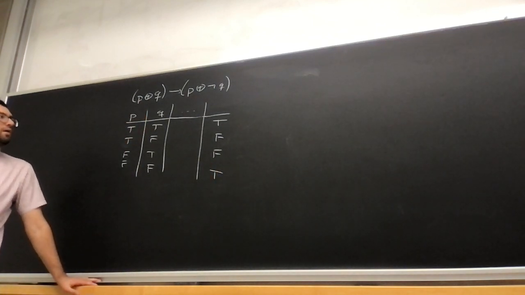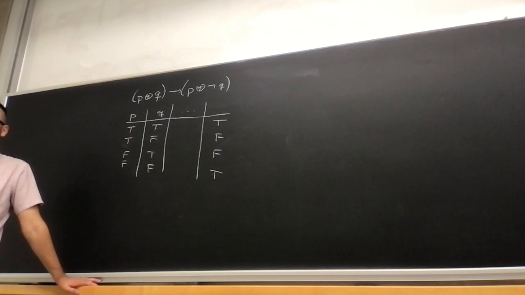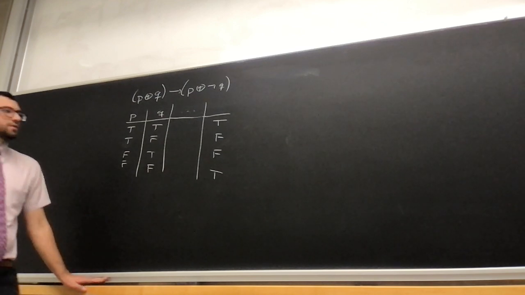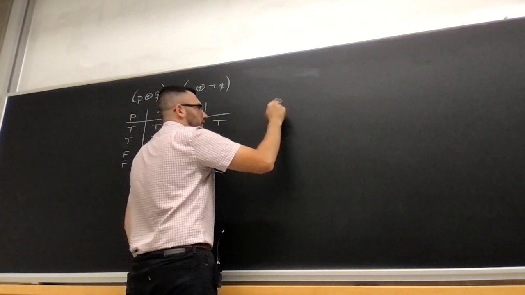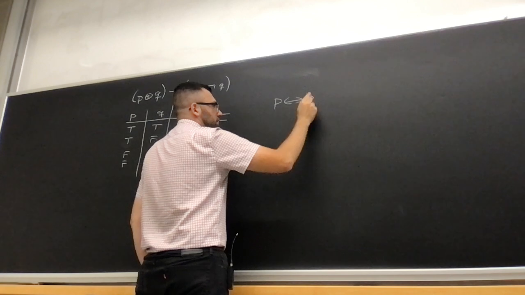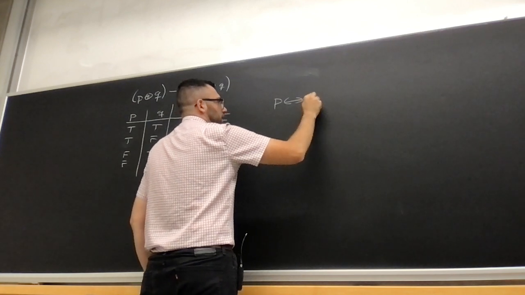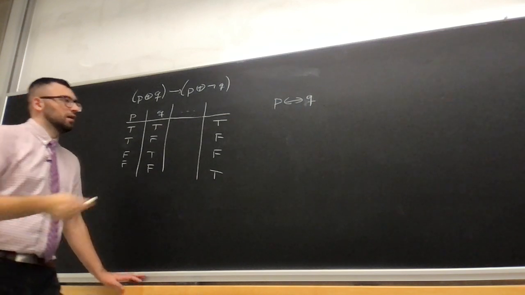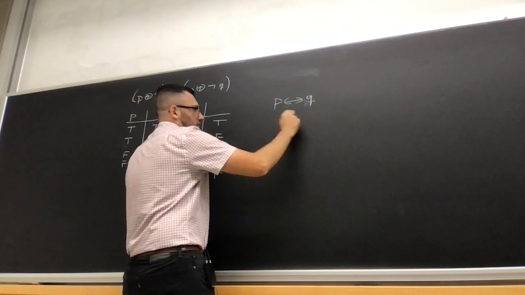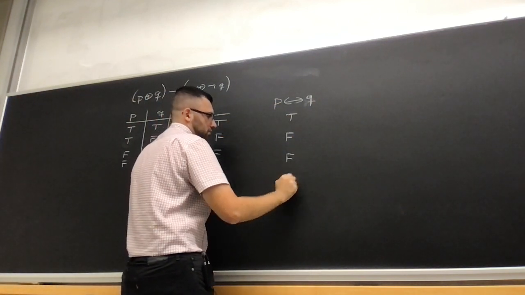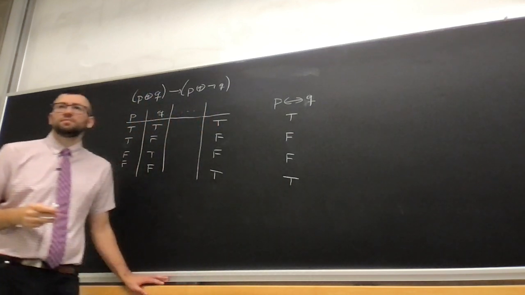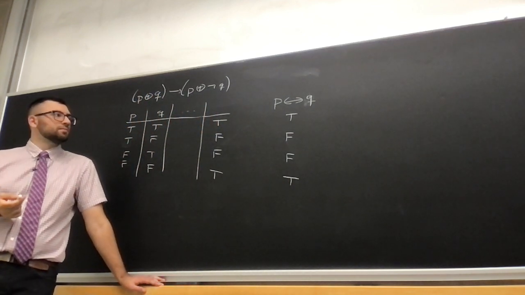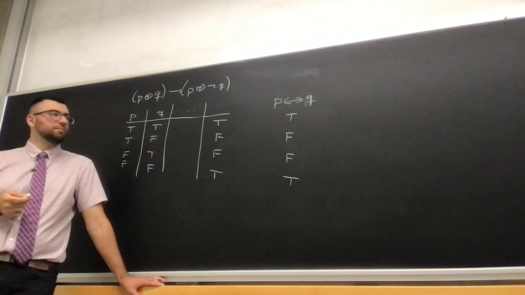Now, maybe at first glance that doesn't mean anything to you, but if you look back on your notes, you should see a truth table for P biconditional with Q, an if and only if. You remember that one? I believe it was exactly the same.